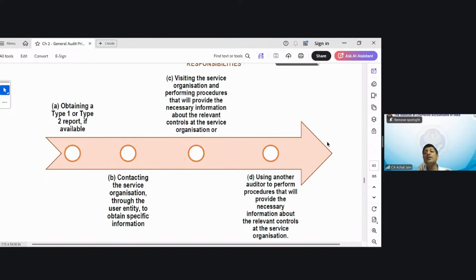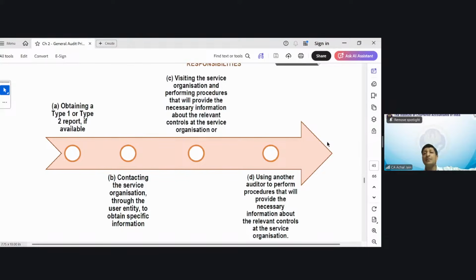Using another auditor to perform procedures that will provide the necessary information about the relevant controls at the service organization. Maybe the user auditor wants to bring in another auditor. So we are not talking about the service auditor. Let's suppose he wants to engage somebody else.